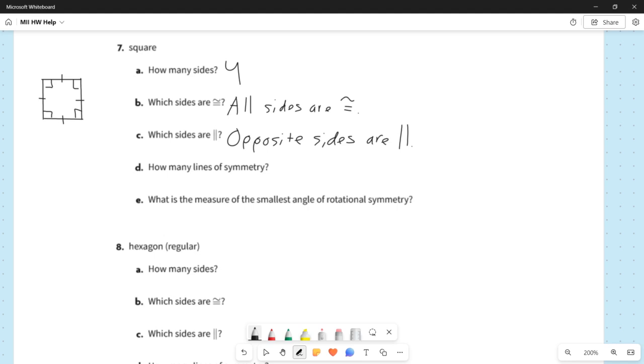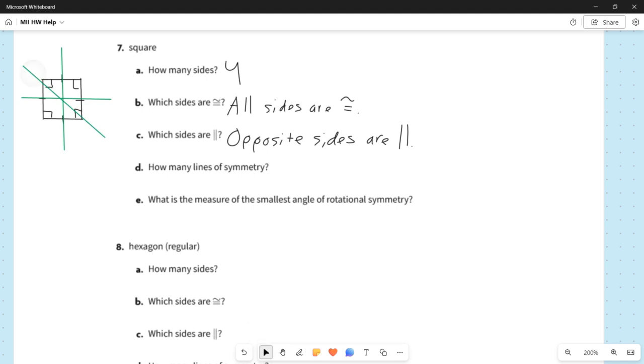How many lines of symmetry? So a square has a decent number of lines of symmetry. We can go vertically and we can go horizontally. But with a square, because a square has so many things that are congruent, it has even more. You can also go diagonally with a square as a line of symmetry. And that's off for some reason.